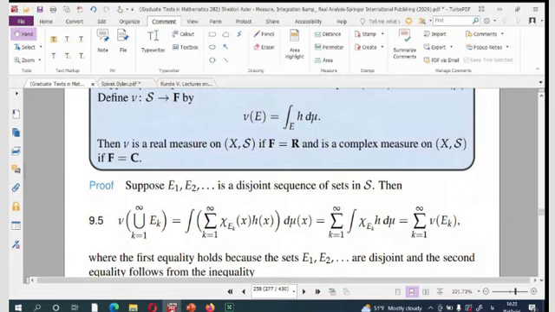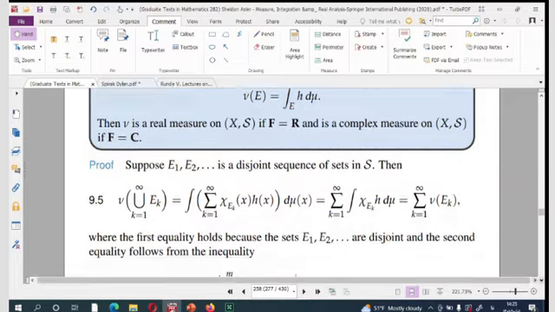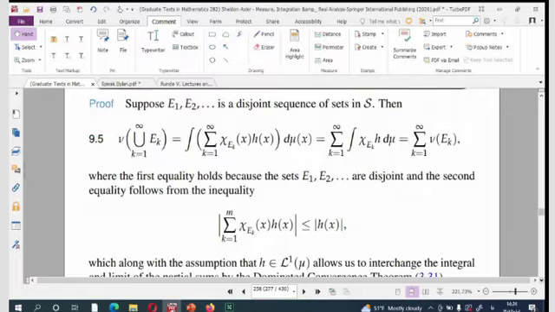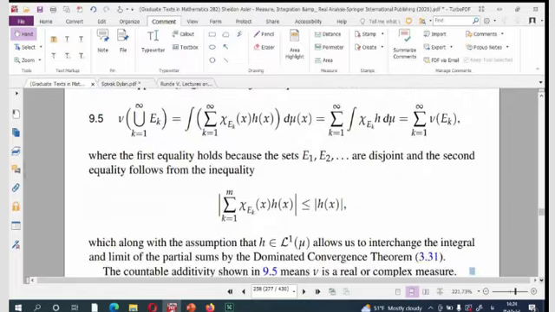And the integral of this summation equals this summation. This whole thing holds by the dominated convergence theorem. All of this is less than this function.